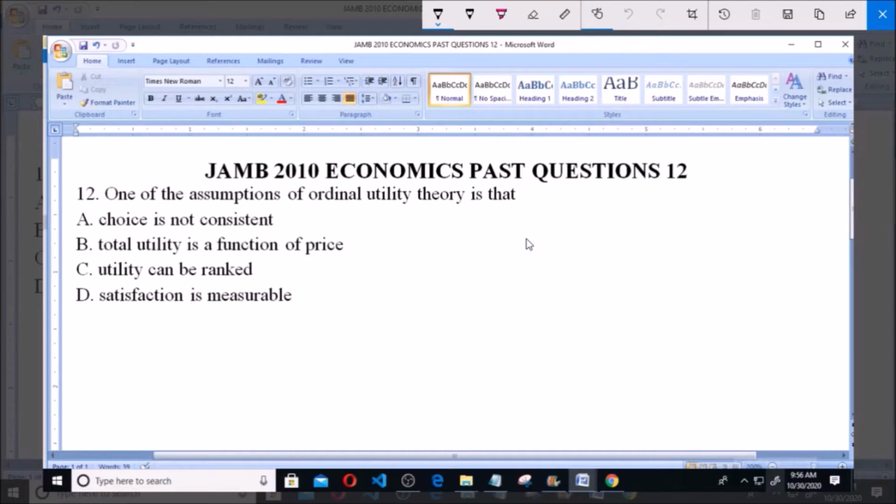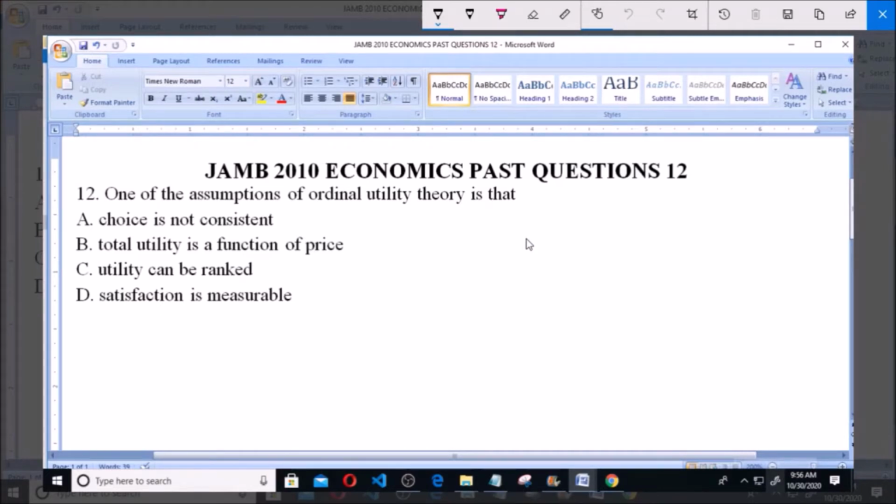If you look at the important assumptions of the ordinal utility theory, or indifference curve analysis, it is based on utility being ordinal. Utility cannot be measured cardinally. Another assumption is rational behavior of the consumer: it is assumed that individuals are rational in making decisions on their expenditures on consumer goods.